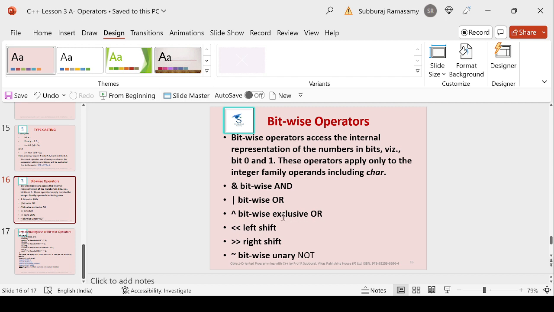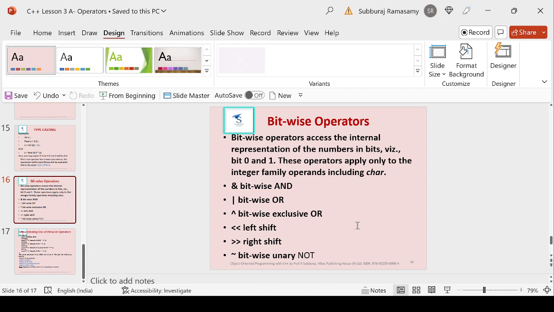If only one of them is 1, the output will be 1. That's exclusive or. Then there is left shift and right shift, and bitwise unary not. Suppose 1010 is the number, you will get 0101. So there are 6 bitwise operators.